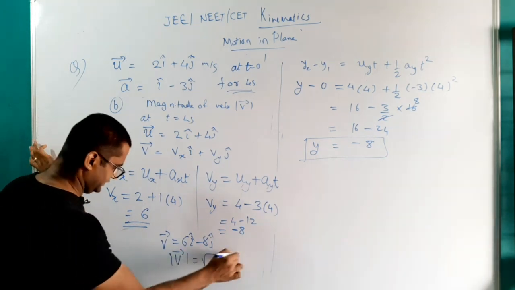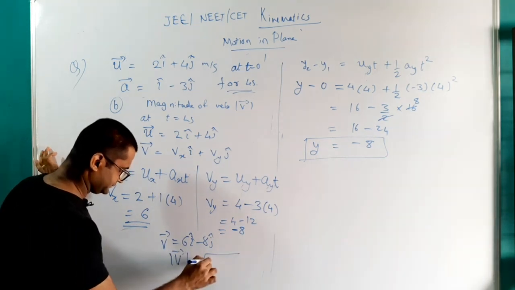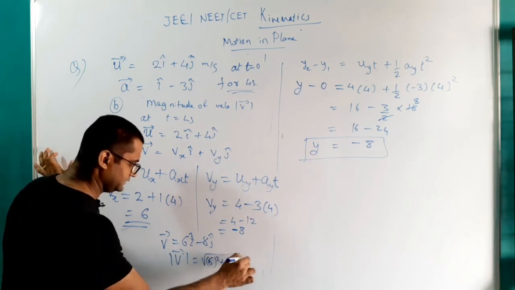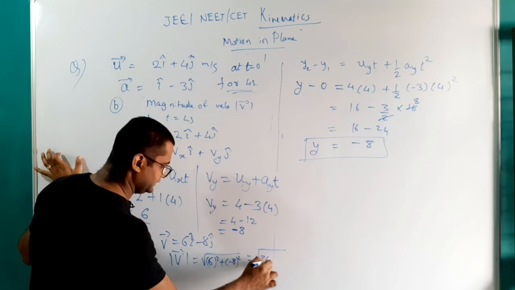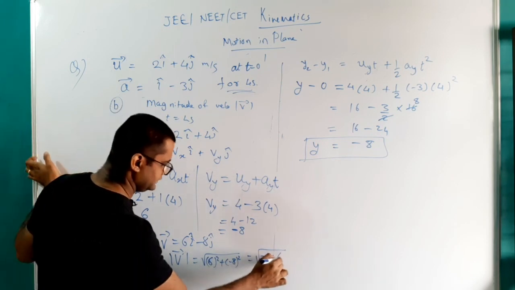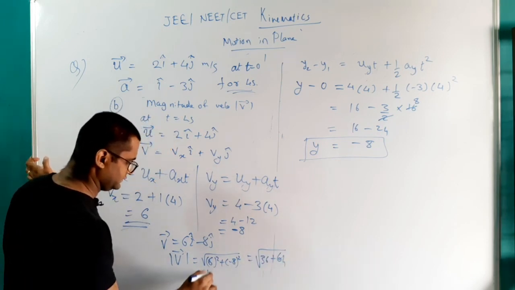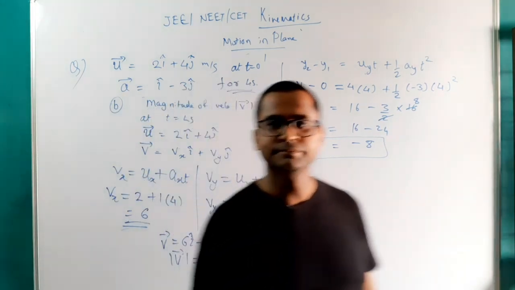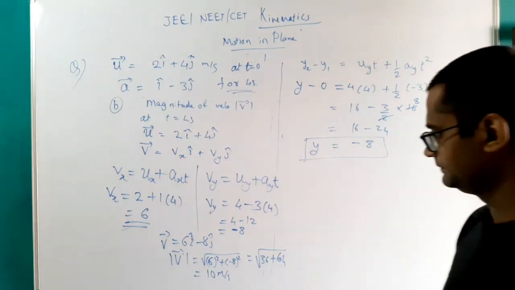So it is simply the square root of the components squared, 6 square plus minus 8 square, which is the square root of 36 plus 64, and I guess it is 100. So the answer will be 10 meters per second.